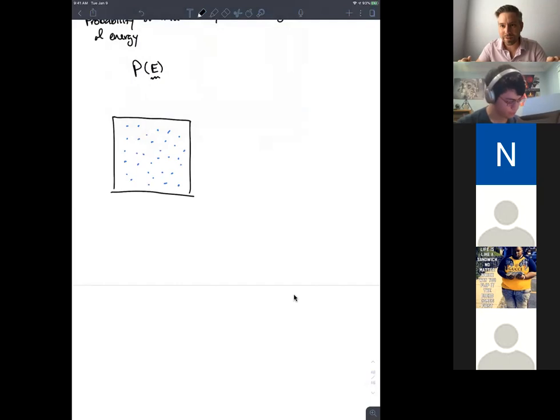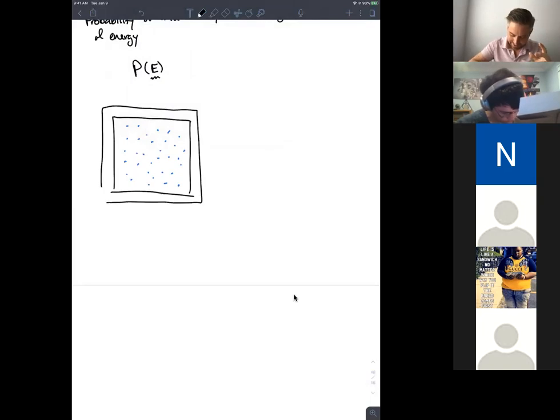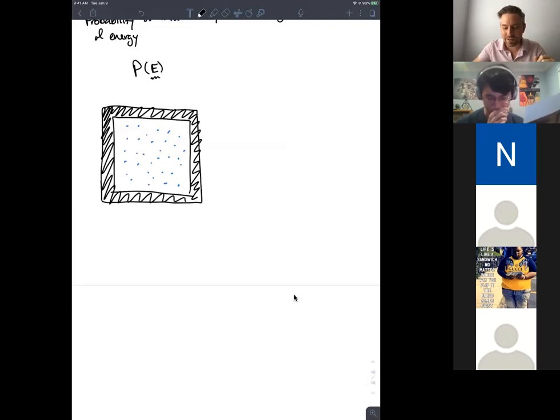So the walls here are made out of some advanced unobtainium, or whatever you want to call it, such that the inside of the box is completely isolated from the outside. In other words, no energy can get in and no energy can get out, whatever kind of energy you're talking about.